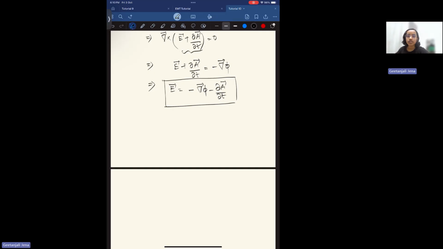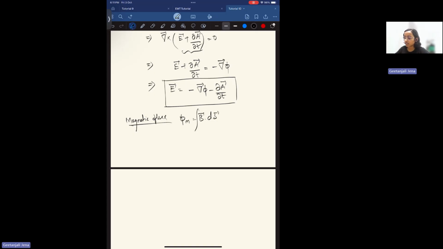After that, similar to the electrostatic case, where we defined the electric flux, which is nothing but the number of electric field lines passing through a surface, here also we have magnetic flux. You can write phi m as the integration of B dot dS.